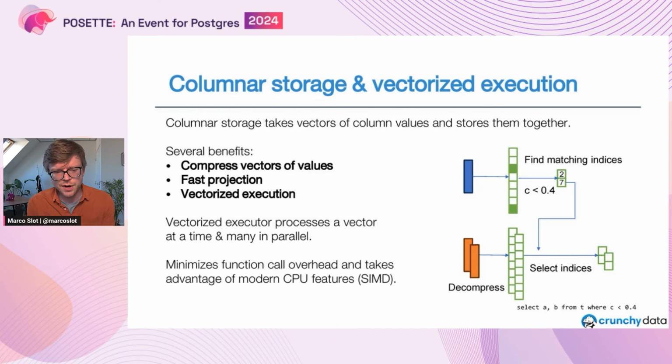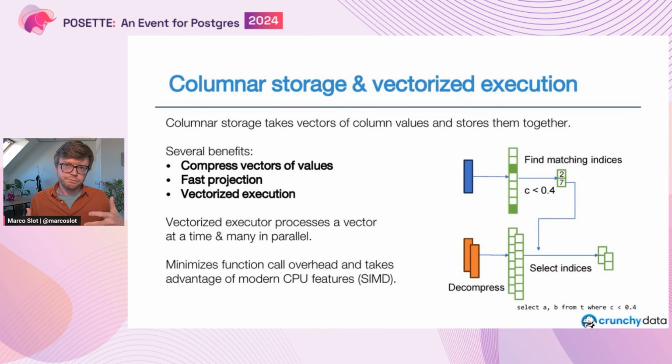Now, the data structure that's most commonly used for this type of scenario is columnar storage. The idea with columnar storage is that instead of storing the data row by row, which is what most databases like Postgres do, you take a chunk of, let's say, 1,000 rows, and then you take 1,000 values from the first column, 1,000 values from the second column, and they're stored adjacently.